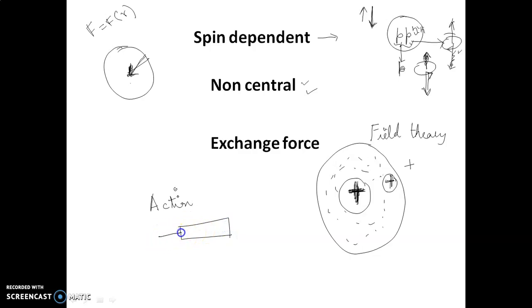When I apply force with my hand, I bodily touch that object and then that body moves. But in the case of a force like Coulomb's force, what happens? I have a charge here. I bring a positive charge here. Without the first charge touching the second charge, it exerts a force on the second body.